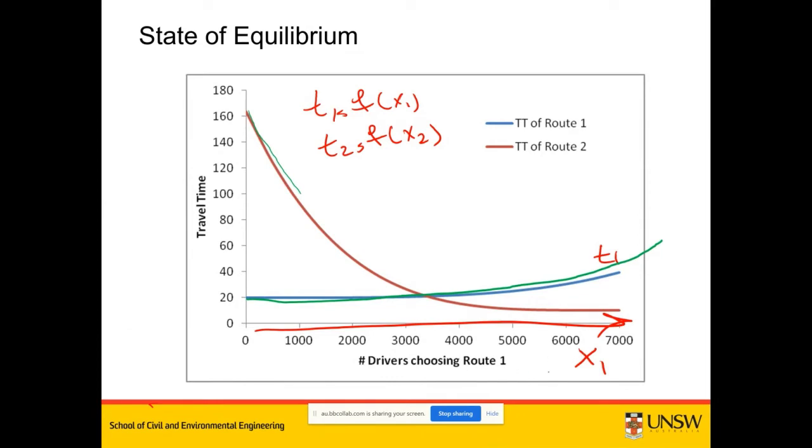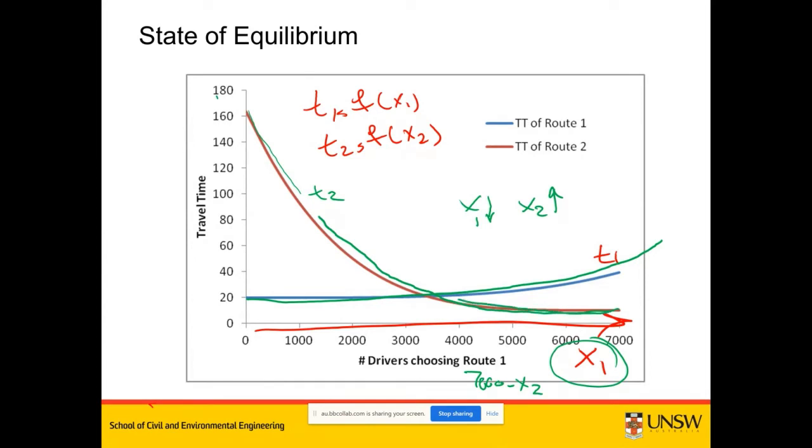Another way of looking at it is that x1 is 7,000 minus x2, right? So if you want to look at T2, you shouldn't look at it from left to right. If you want to see that monotonically increasing trend, you should look at it this way: as x1 goes down, that means x2 is increasing, because it's only 7,000 minus the other one.